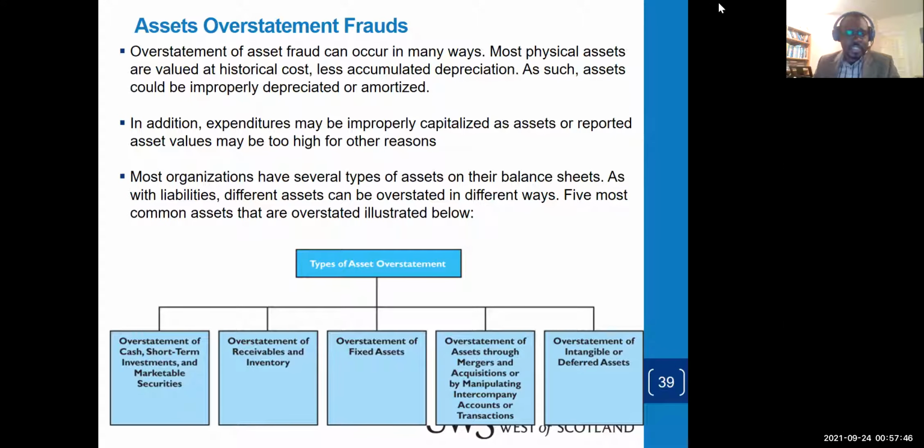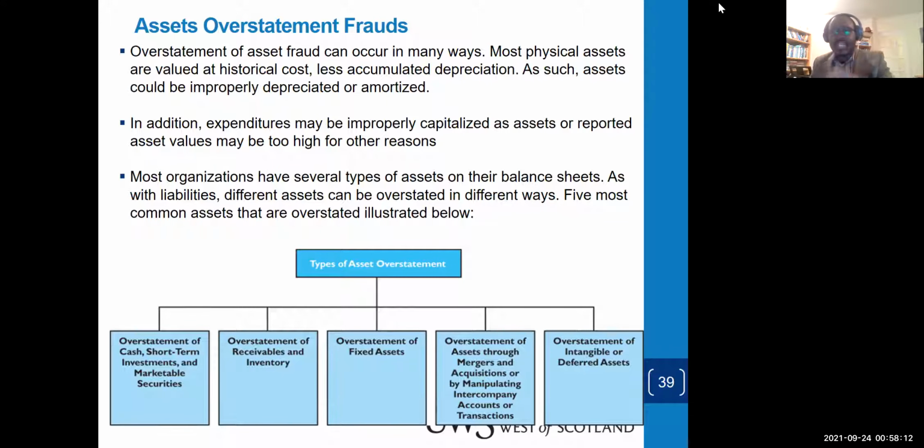So you see overstatement of cash or short-term investment in marketable securities, overstatement of inventories and then receivables, overstatement of non-current assets, overstatement of assets through M&As or by manipulation of intercompany accounts, related party transactions, okay, and also overstatement of intangible or deferred assets.